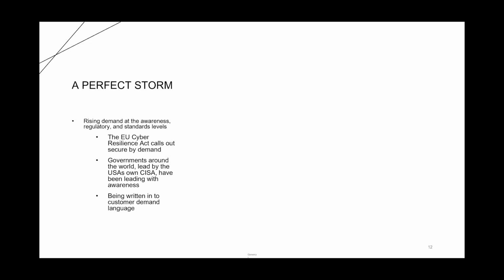There's all sorts of organizations raising their hands saying secure by default seems to be one of the best paths forward here. I even call out the MITRE ATT&CK for ICS because it's one of my favorites that also looks in this direction.